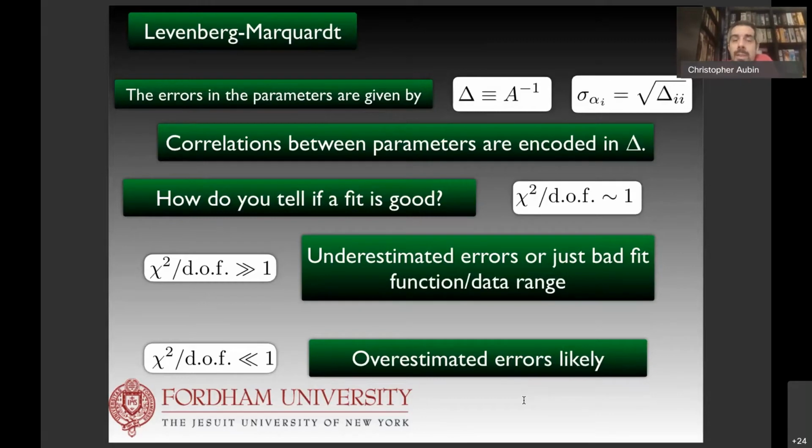And the big question is, and this is really where the science of statistics becomes more of an art, or you may say black magic, depending on how negative you want to be about it, how do you tell if a fit is good? Well, we like to say that the chi-squared per degree of freedom should be of order 1. The idea being, let's go back a bit.